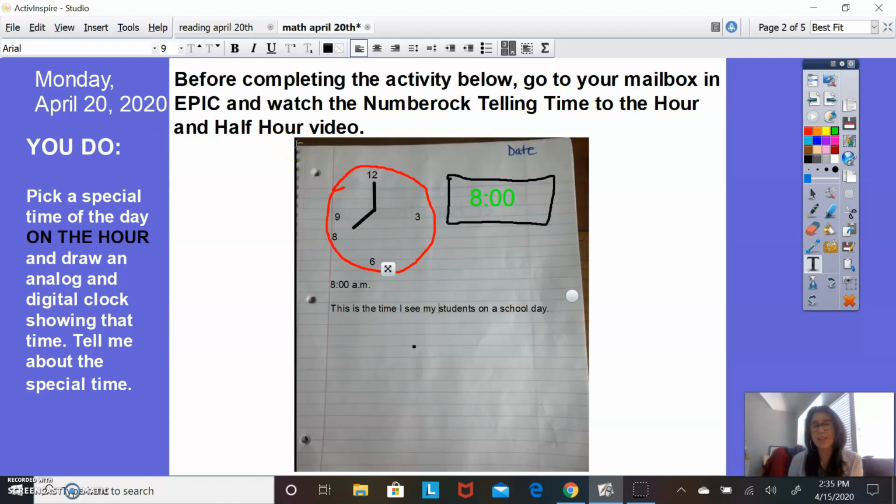The other video that's in there is for the Wednesday assignment, so just make sure you choose the right one. So I've explained the activity, but before you do the activity, go to Epic and watch this Number Rock video, then come into your journal and complete this activity.